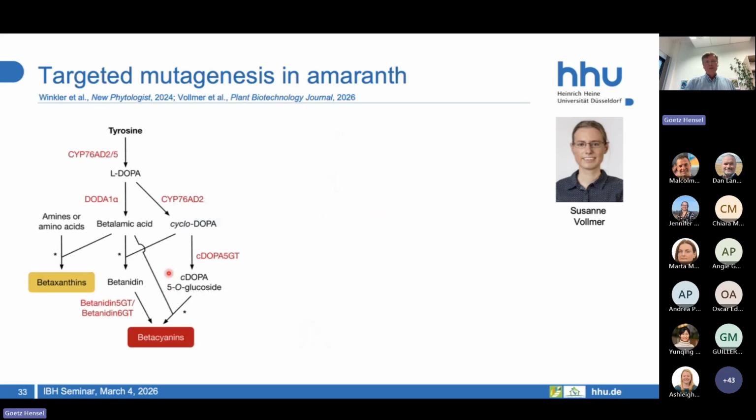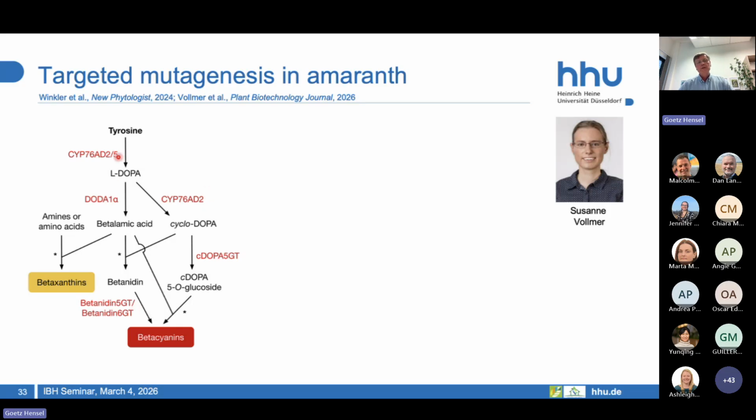As I say, the betalain pathway contains 3 genes, or 3 enzymes. In Amaranth, we have for the first reaction the CYP76AD2 or 4, while the second reaction is catalyzed by a DODA, and we also have a glucosyl transferase, which does the last step.